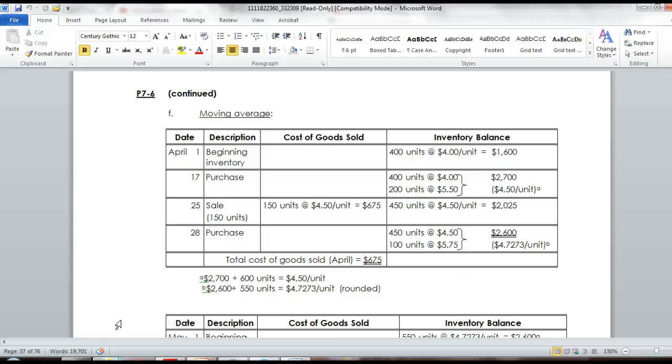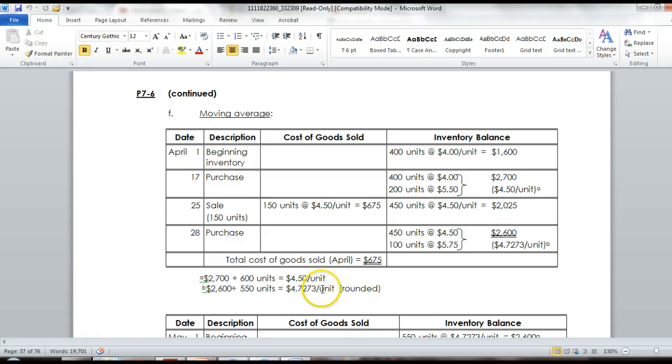When we purchase on April 28th, we're going to then have to, again, create a new average. So we take our 450 units at $4.50, add our 100 units at $5.75. Here we've got 550 units, $2,600. Divide that by 550 units, gives us our $4.7273 per unit.